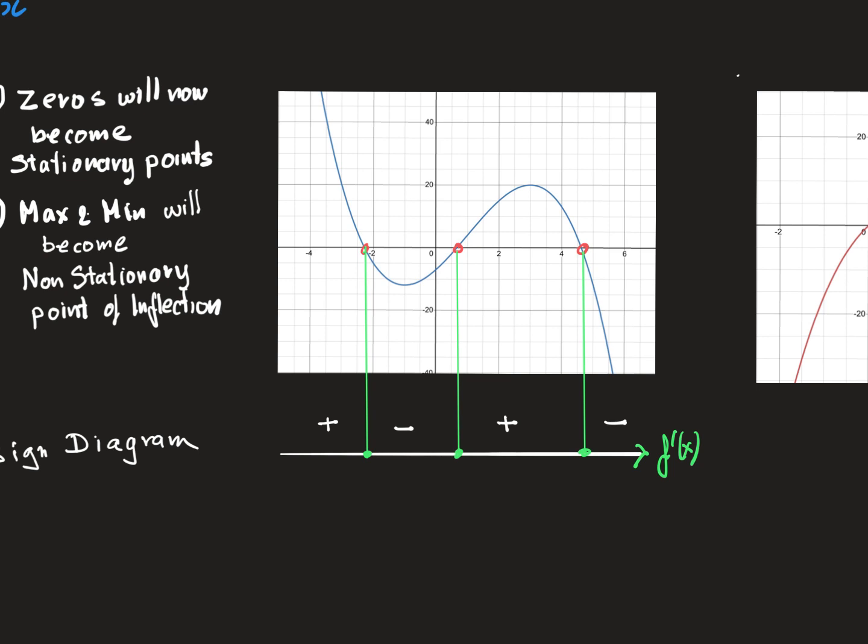Positive to negative means that this is going to be a maxima. Negative to positive, minima. And positive to negative is a maxima. Also note that these are going to be the stationary points of inflection.